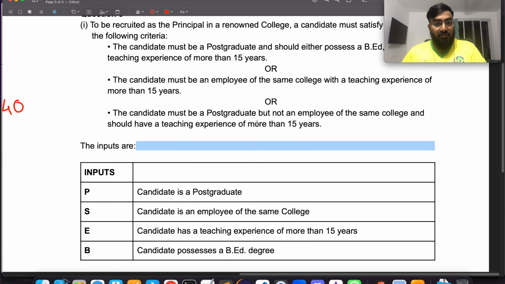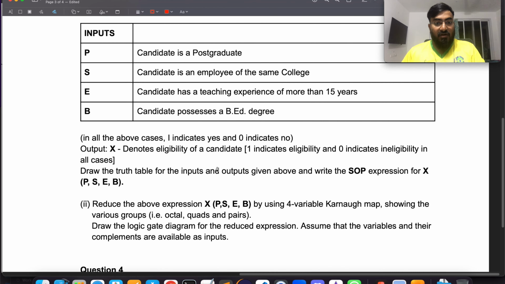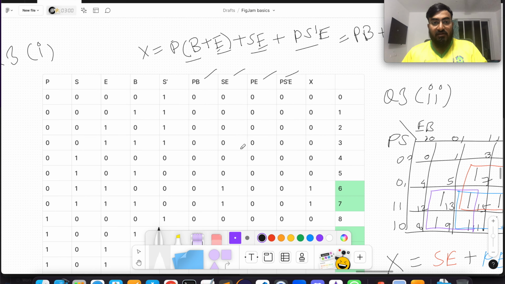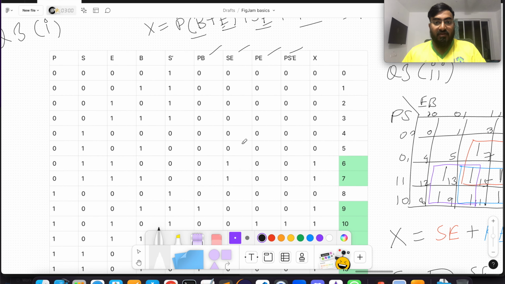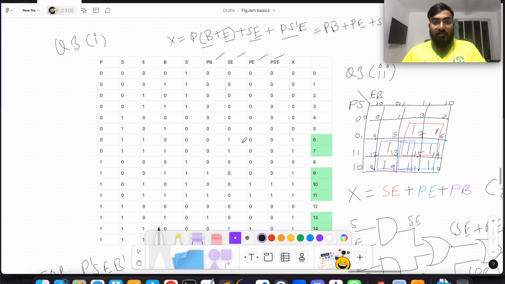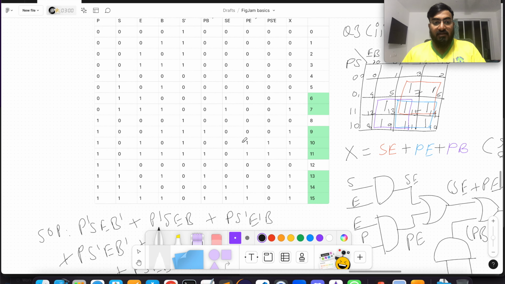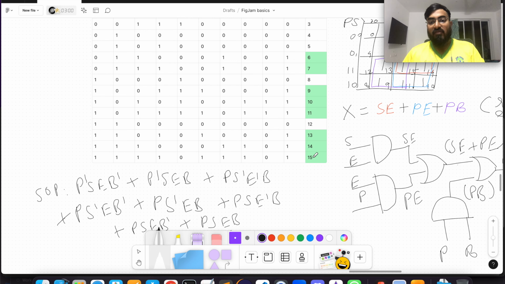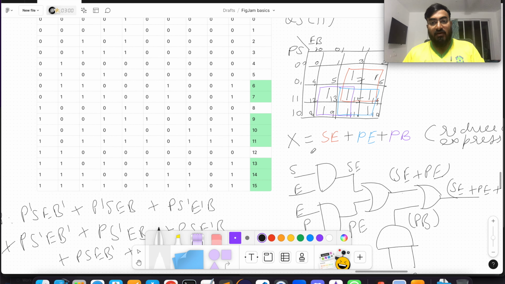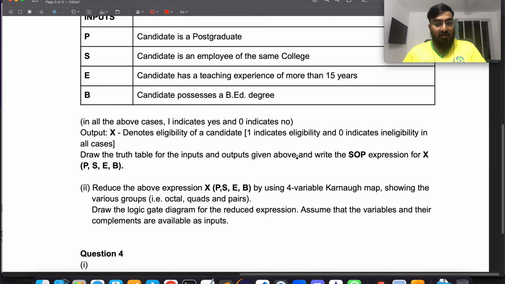Then what you have to do is draw a truth table for the input and give the SOP. So this is going to be your truth table. I've already made it because it's going to be a tedious task, and your SOP is going to be this. So we have 6, 7, 9, 10, 11, 12, 13, 14, 15 terms as 1. The next part is reducing by Karnaugh map.